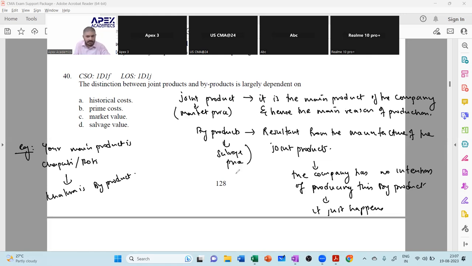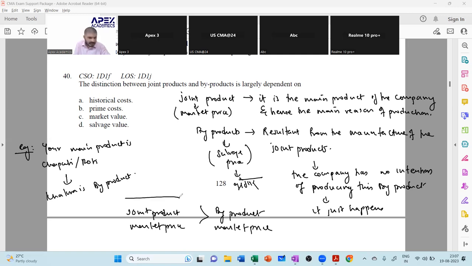Bhangar. This is bhangar. It's not really anything. So the joint product market price will always be greater than the byproduct market price. You have to keep this in mind, right? The focus will always be on the joint product.